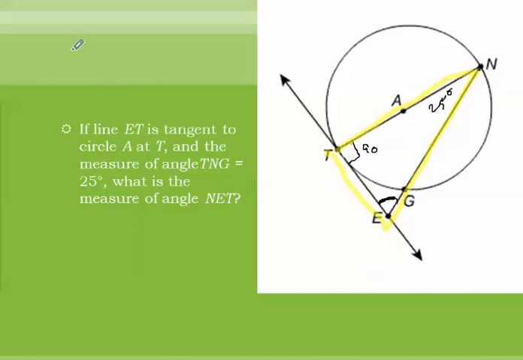Now all I got to do is take 180 minus 90 and 25, which is 115. And that's going to be equal to 65. So that makes this angle here 65 degrees.